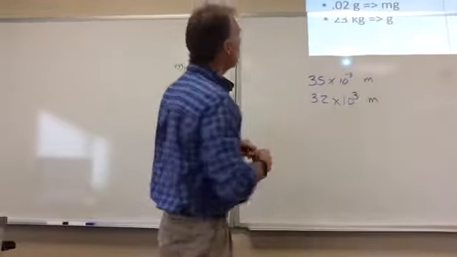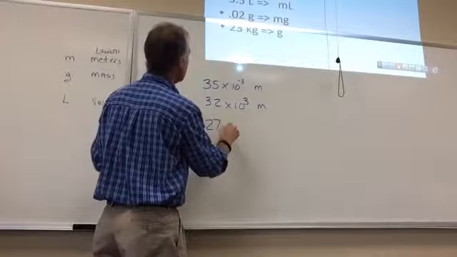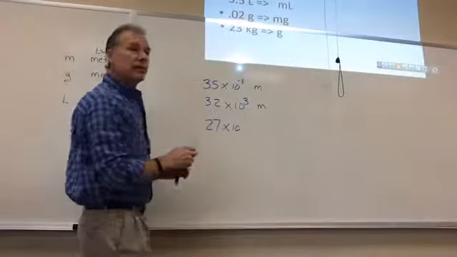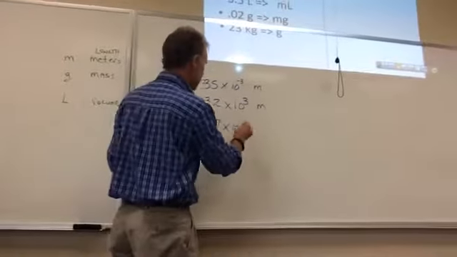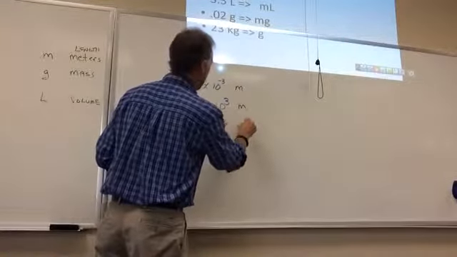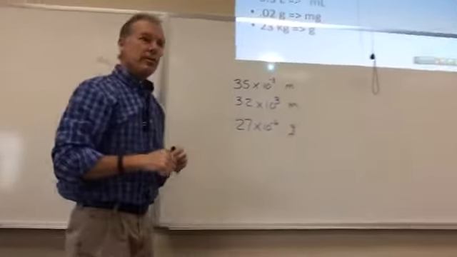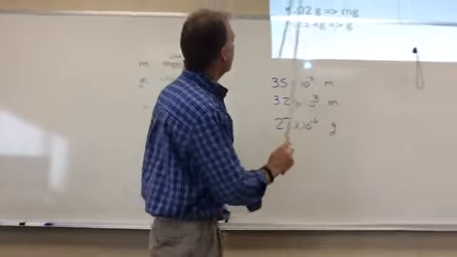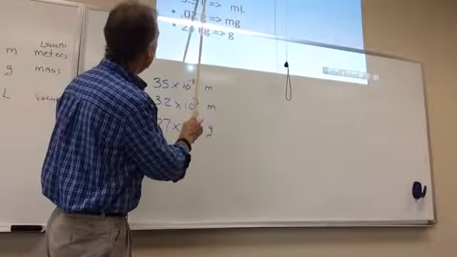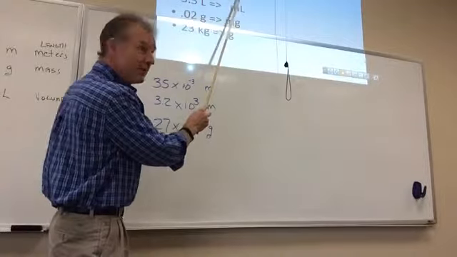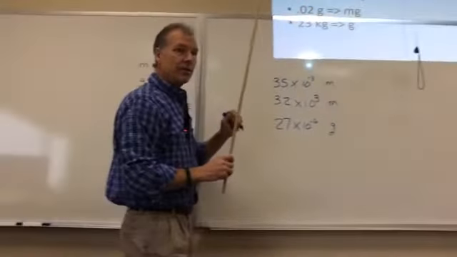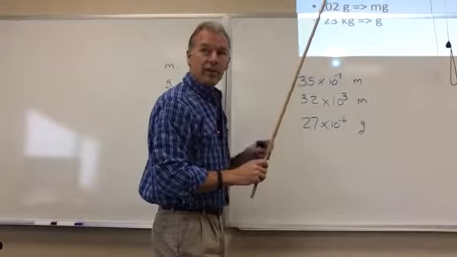See, MCG, okay, so we can do that one as well. 27 times 10 to the negative 6 grams, right? So if you're simply going from a prefix to taking the prefix away, it is just as easy as that, okay? You can just almost not think about that part.